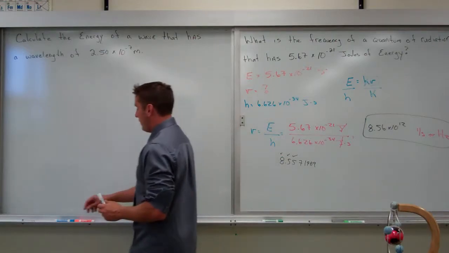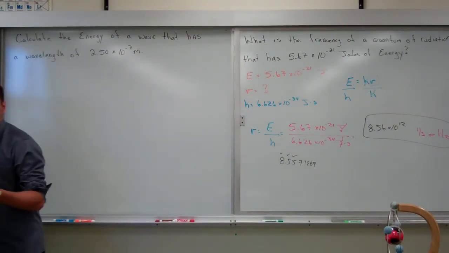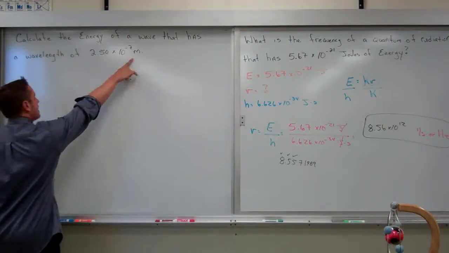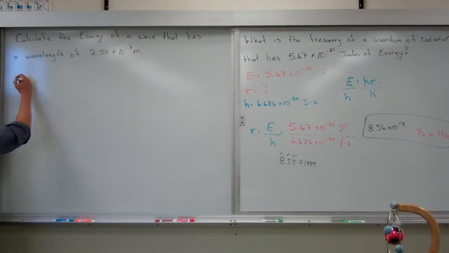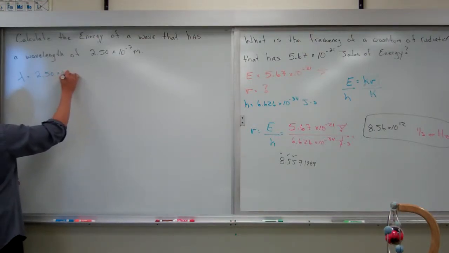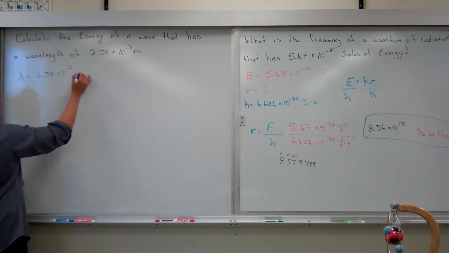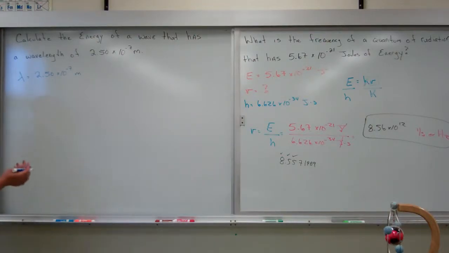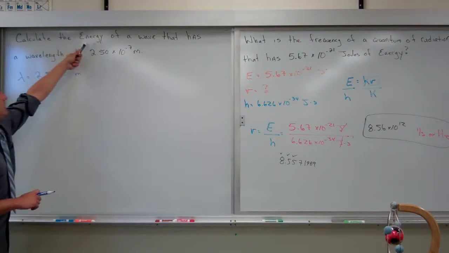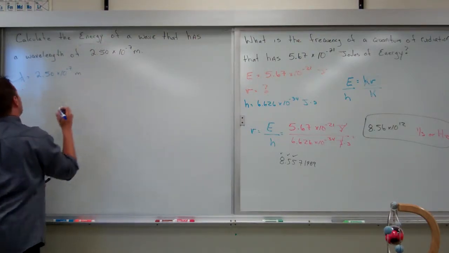We will try to solve this the same way we have all our other problems. First thing I see is this number. It has meters on it, and that measures wavelength. And if you remember, wavelength gets that goofy symbol lambda: 2.50 times 10 to the negative 7th meters. All out of numbers, so I look for what it's asking for. Calculate the energy. So I'm looking for energy.